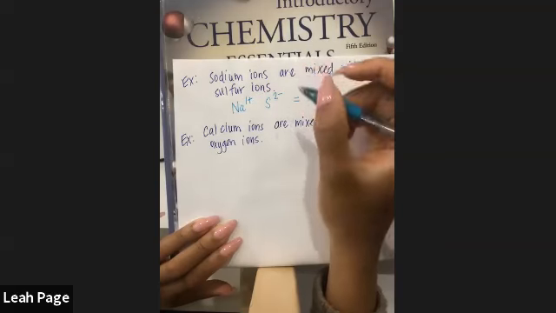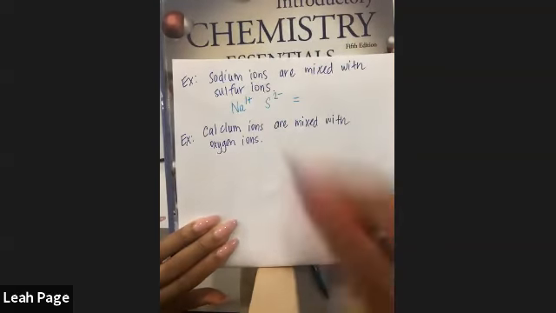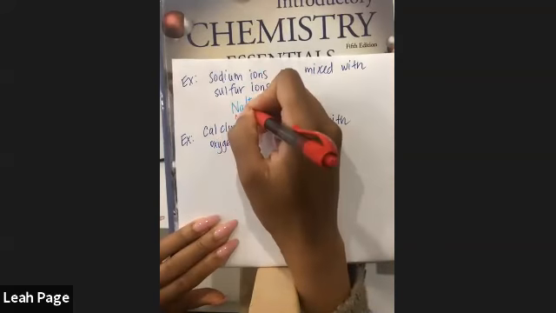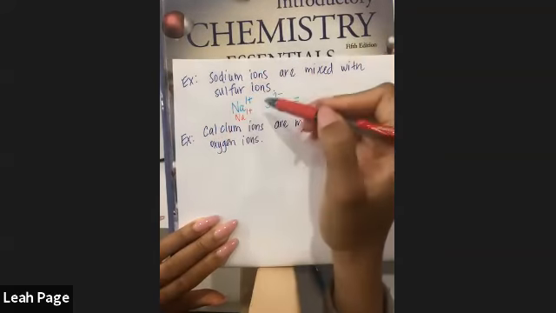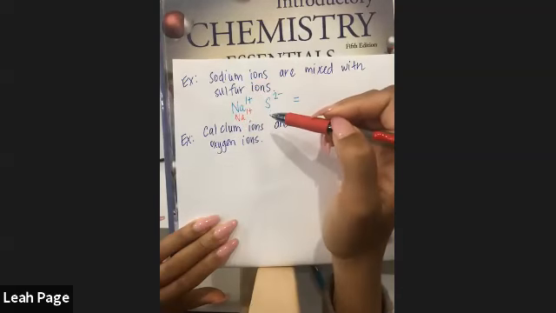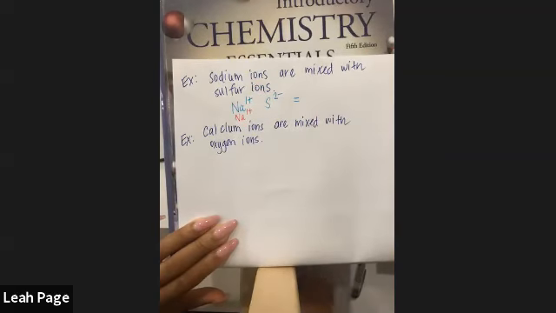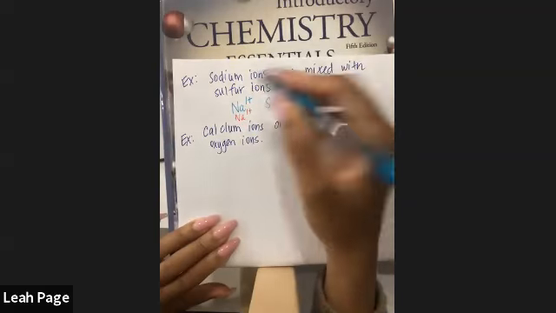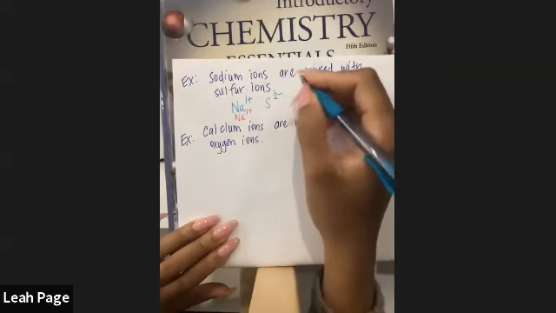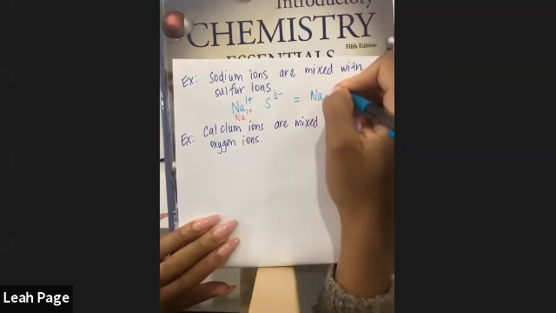If I have 1 more sodium here, I'm going to have 2 sodiums with an overall charge of 2+, and then I have 1 sulfur with an overall charge of 2-. So it looks like the ratio is 2 sodiums for every 1 sulfur. I'm going to end up getting Na2S.